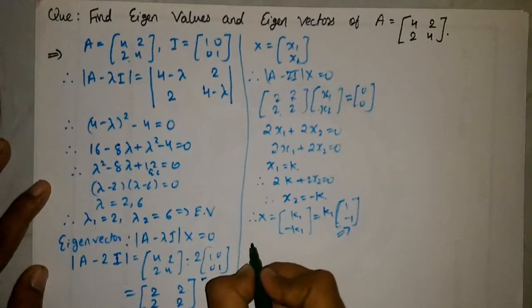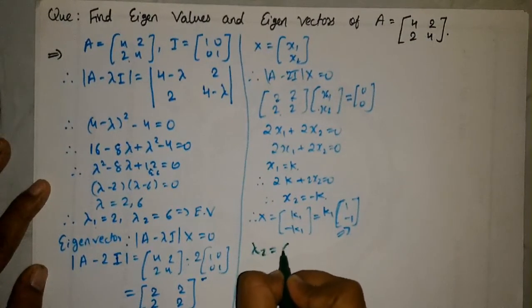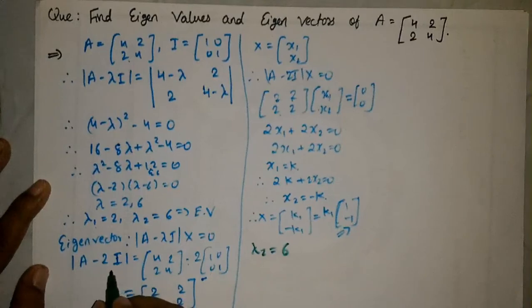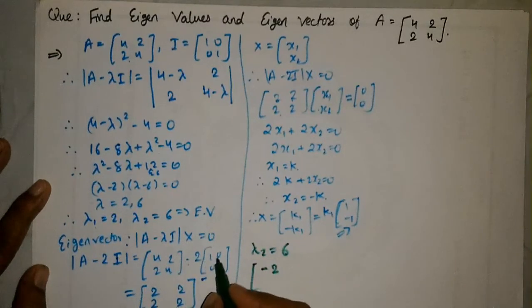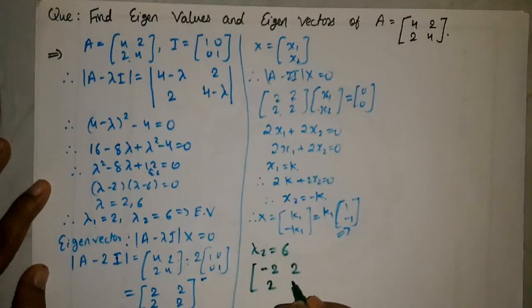Now similarly for lambda 2 is equal to 6. I will write directly. Here it will be 4 minus 6, which is minus 2. The off-diagonal entries are 2 minus 0, which is 2, and similarly the other is also 2. The last entry is again minus 2.